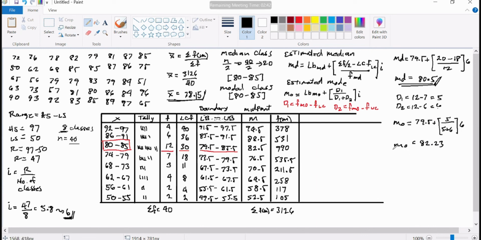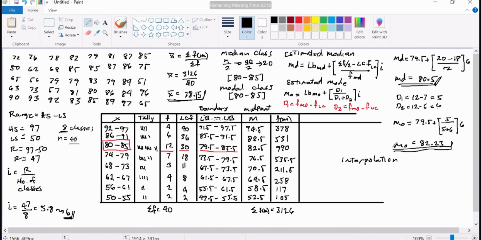82.23. Okay, so this is now using the formula, but this formula is only limited to the estimated median and estimated mode. A more general approach to calculating this is what you call interpolation, which is a ratio and proportion approach.